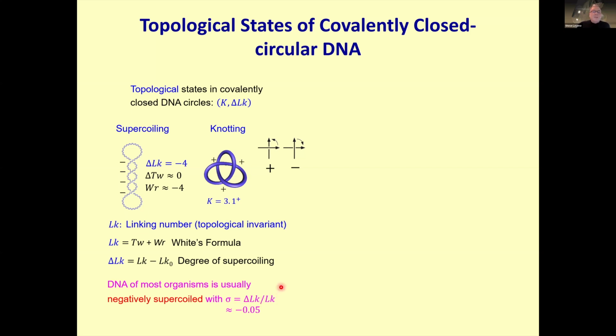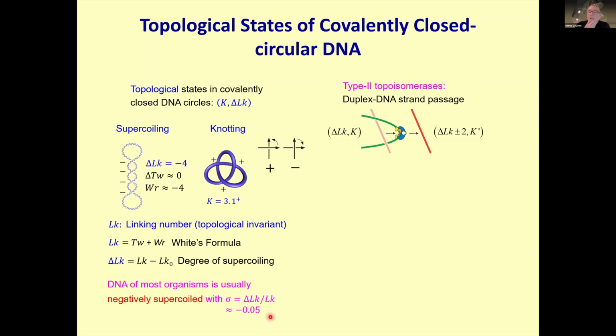So this gives us what we call the superhelical density, or specific linking difference, of minus 0.05. So a ratio of one negative turn per 200 base pairs.